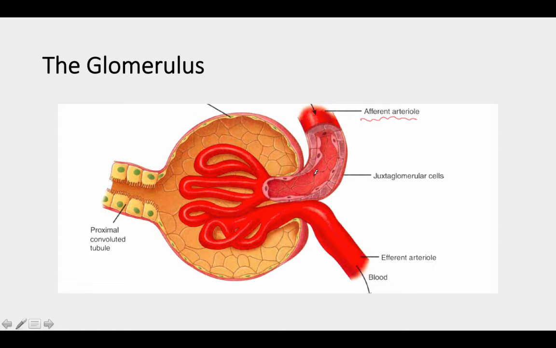Now, there's a couple of things I want to mention. The first is, we mentioned what gets filtrated in the last slide. This time, let's talk about what gets left behind and what shouldn't be filtrated. So, large proteins, your cellular contents in the blood, the red blood cells, the white blood cells, the platelets, these things are never filtrated into Bowman's capsule.